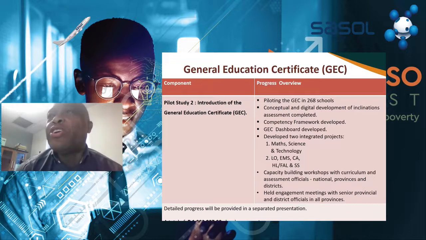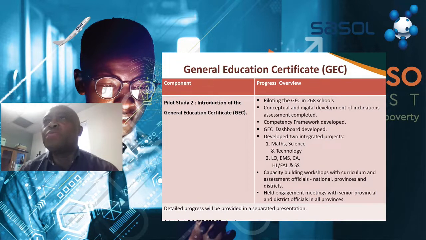I've mentioned that piloting is taking place in 268 schools. Conceptual and digital development of inclinations and assessment has been completed. Competency framework has been developed. The GEC dashboard has been developed.